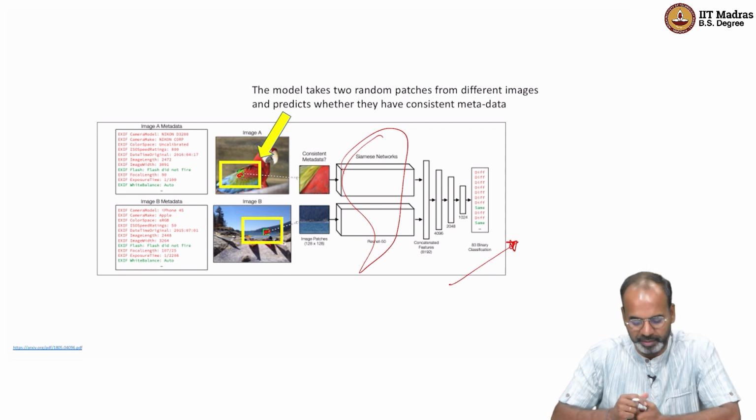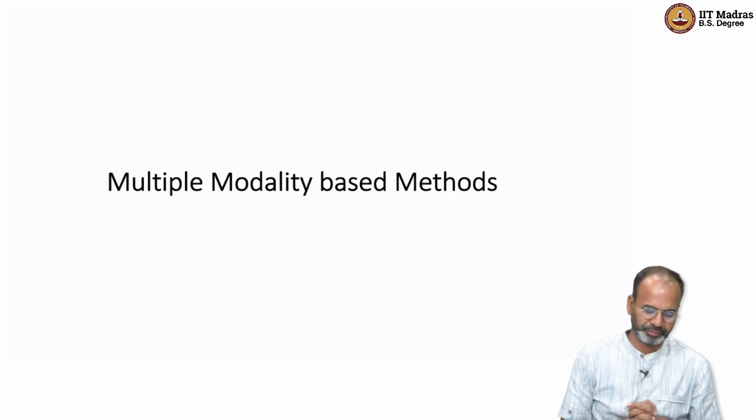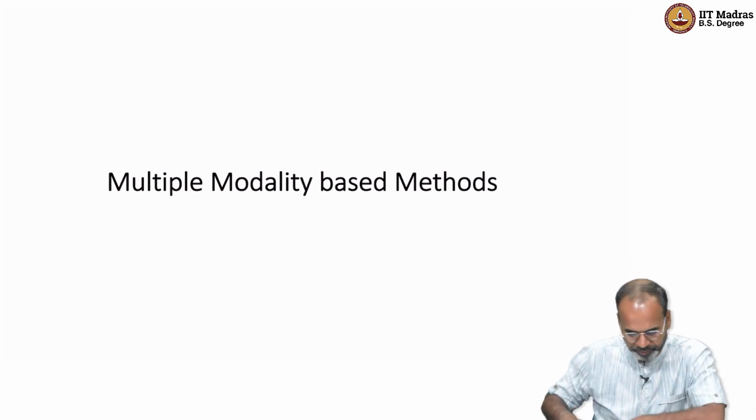If it's the same image, they should probably have the same metadata. If it's different images, they should probably have different metadata. I hope that gives you a sense of the text and the image side.